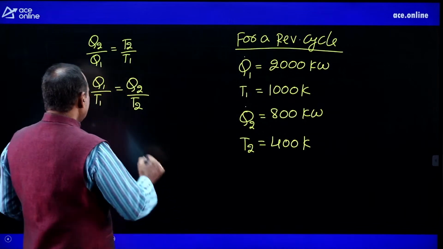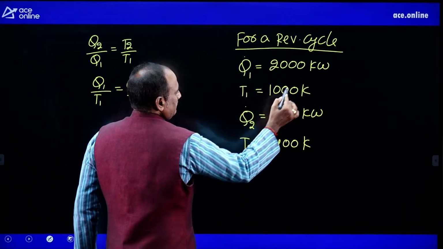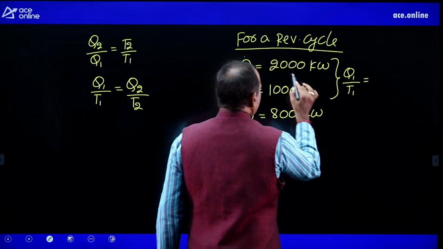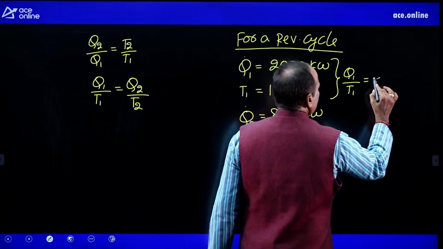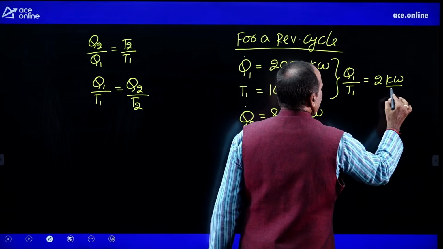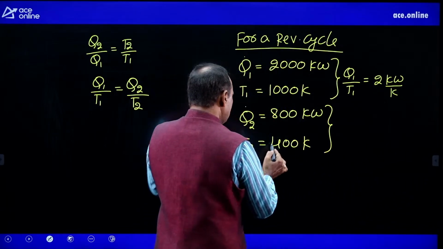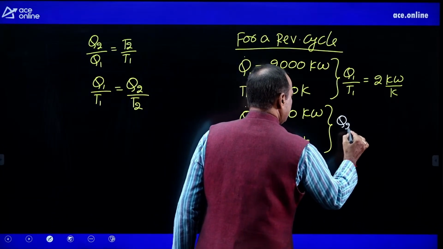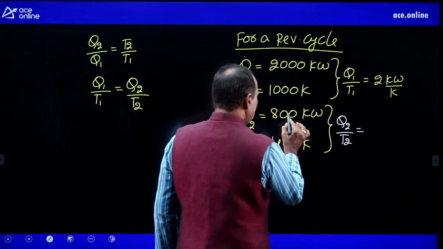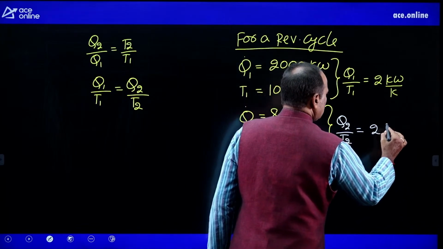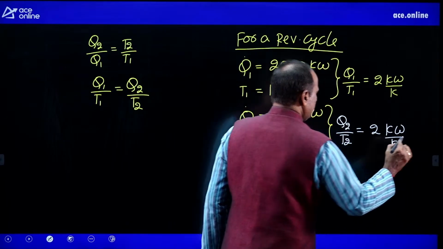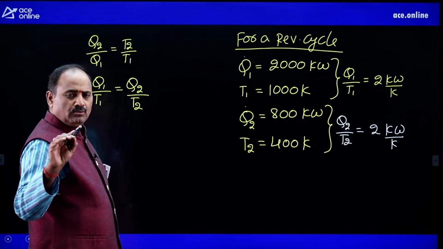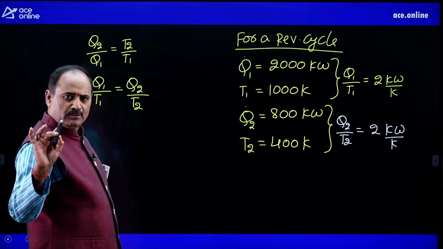Then what is Q1 by T1? Q1 by T1 is equal to 2000 by 1000, equal to 2 kilowatts per Kelvin. Then what is Q2 by T2? Q2 by T2 is 800 by 400, also equal to 2 kilowatts per Kelvin. The reason why I have taken these values is that Q1 by T1 must be equal to Q2 by T2 for any reversible cycle operating between two temperature limits.